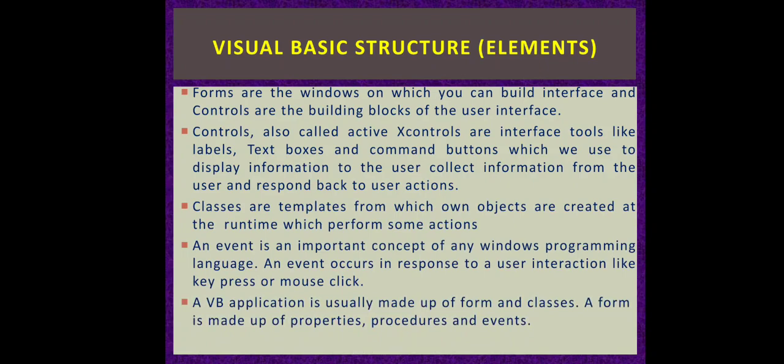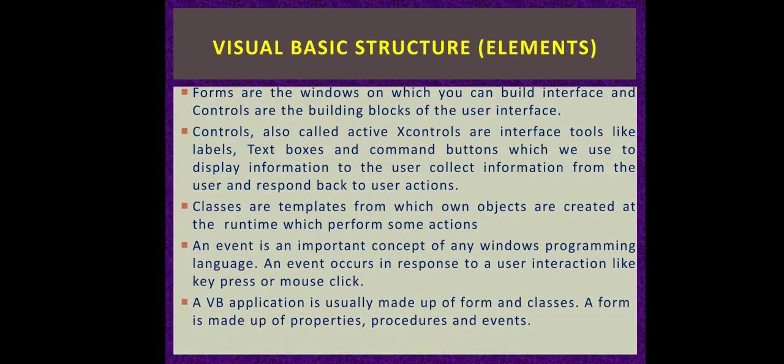And by these elements, the Visual Basic programming language is more suitable than C language, because by these things it becomes very easy to code, to design a program or a particular application, and finally to execute that application.